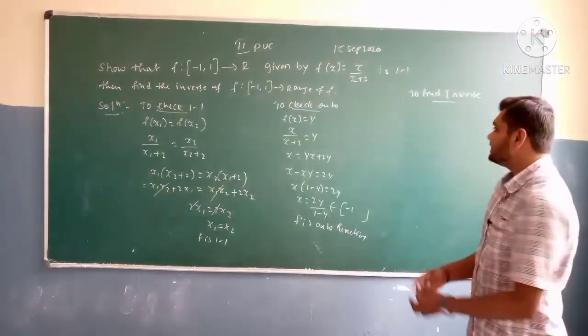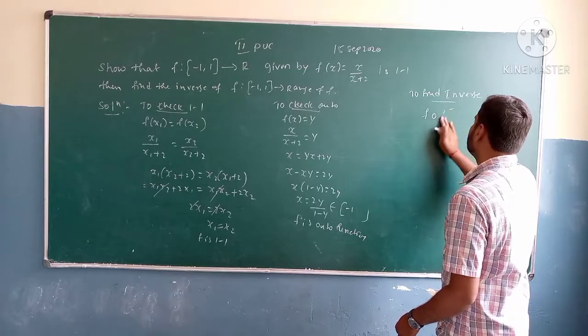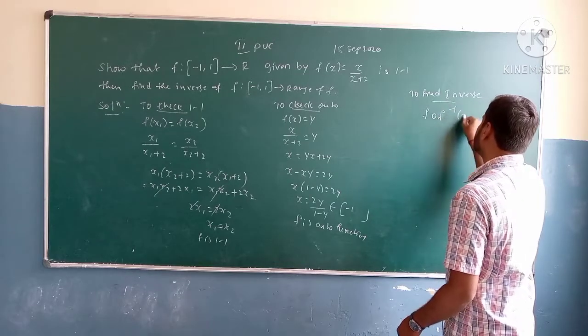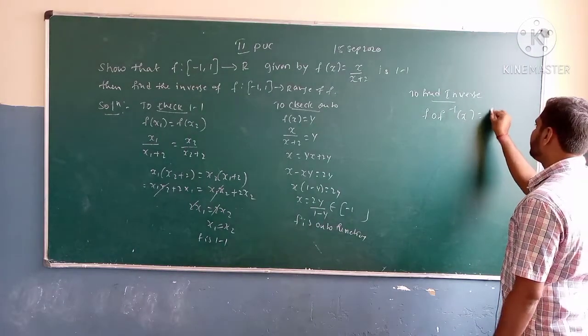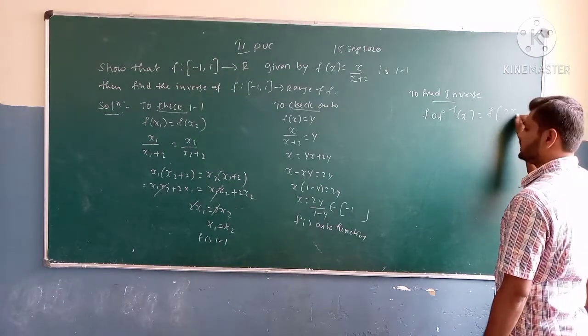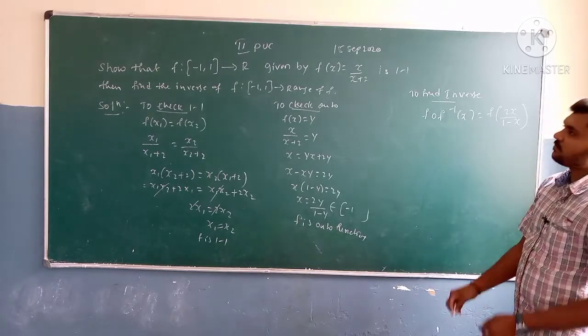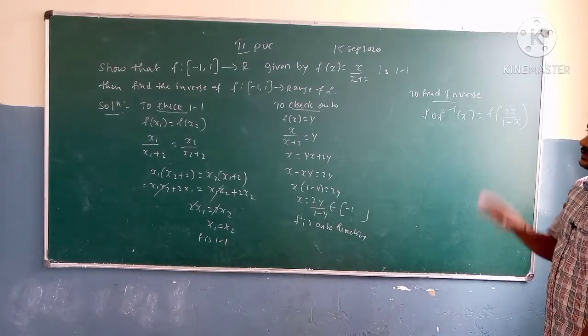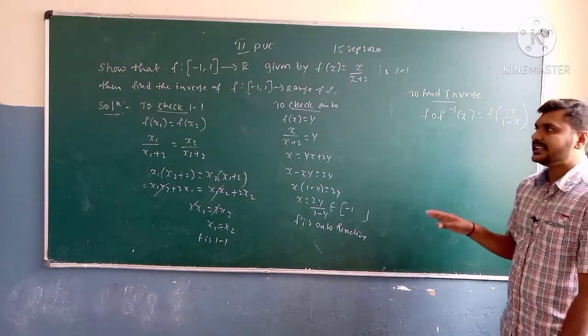To obtain the invertible function, f inverse of x is going to be f of 2x divided by 1 minus x. Because observe here, to find the inverse of a function, we don't know what the inverse is going to be.